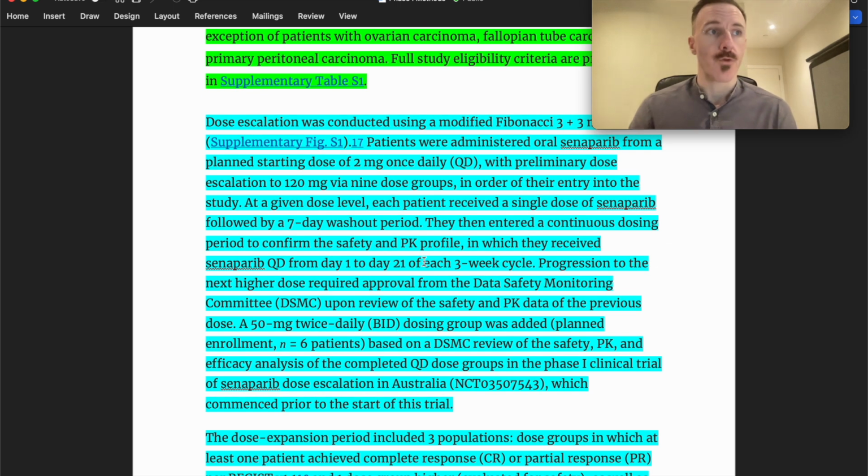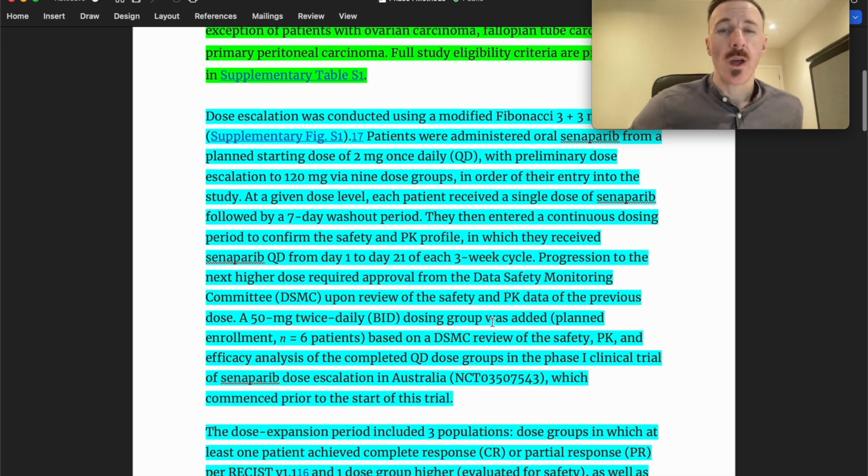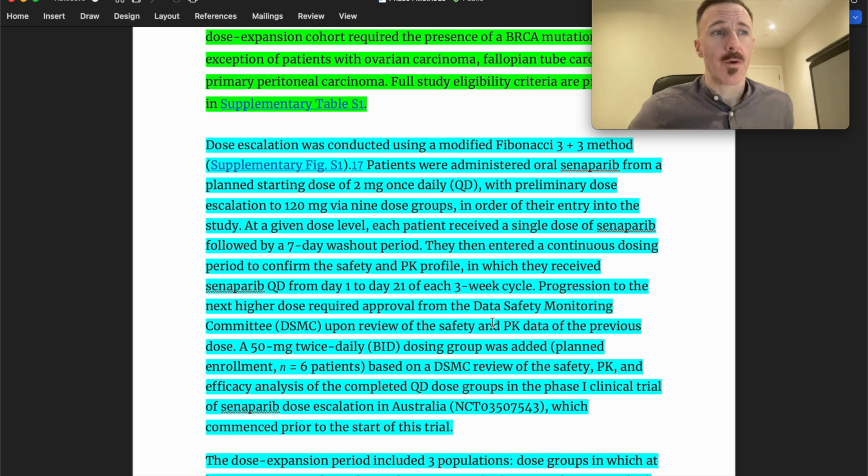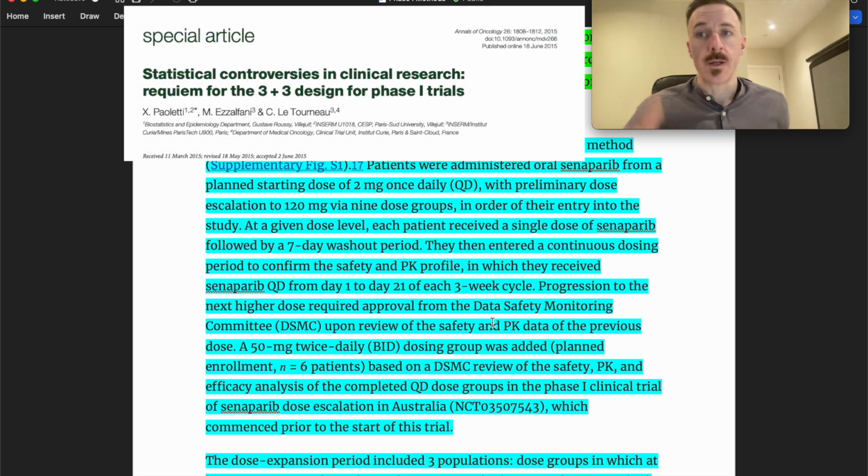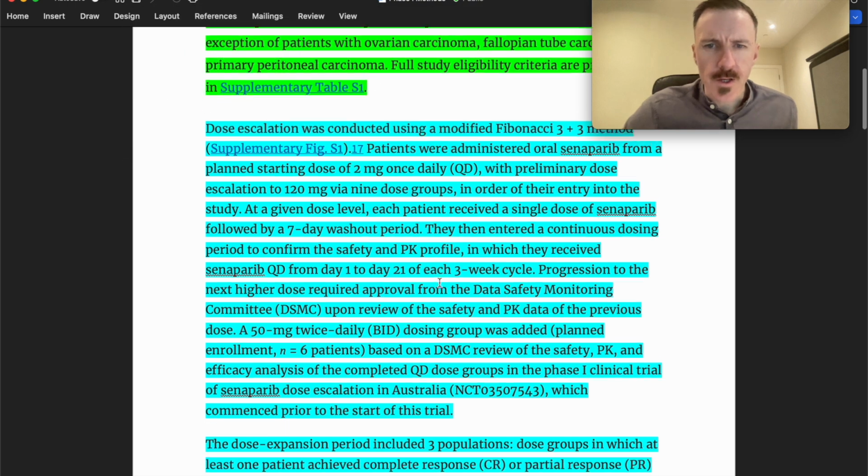During phase one trials, researchers are typically aiming to find the maximum tolerated dose, the MTD, or the recommended phase two dose. But from a statistical standpoint, there is some controversy regarding use of the 3+3 method. See this paper for further information. So let's get back to the study design.